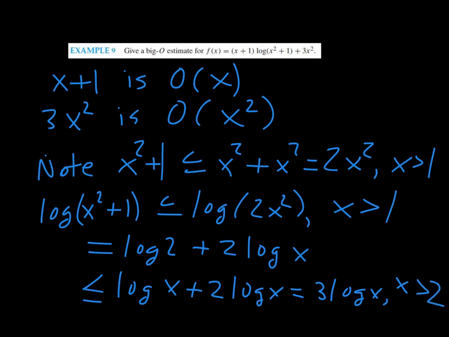So I want x to be bigger than 2, so I can make sure that log of 2 is smaller than log of x. So I guess I lied. This is actually going to be where our k comes from. I want x to be bigger than 2. So this gives us that log of x squared plus 1 is going to be big O of log of x.